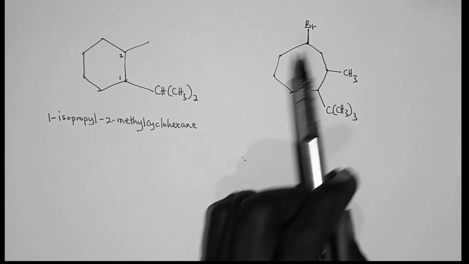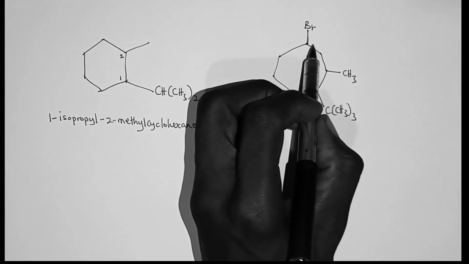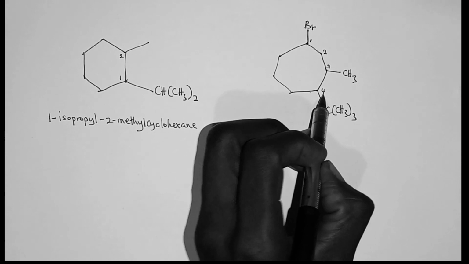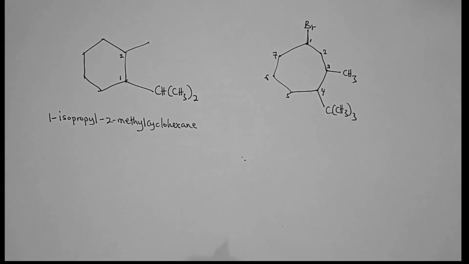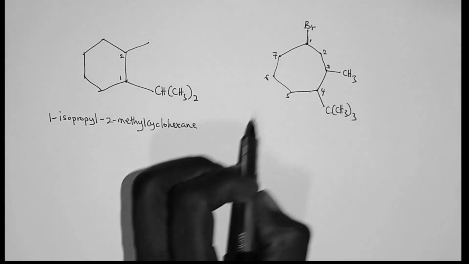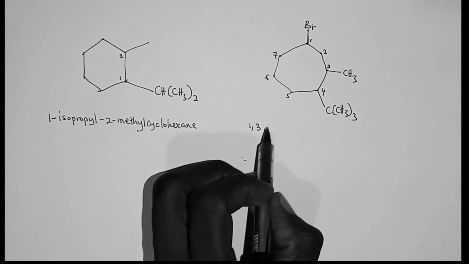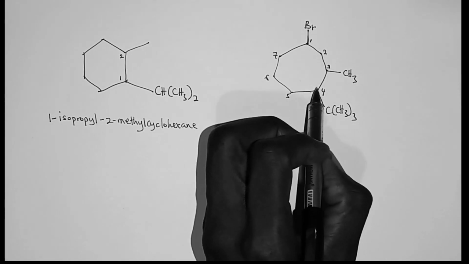So you see that we have a bromo group here. So we could have started numbering the carbons from 1, 2, 3, 4, 5, 6, 7. So a 7-membered ring. So the substituents are on carbon number 1, carbon number 3, and carbon number 4. We could also do the reverse, which is starting from here.